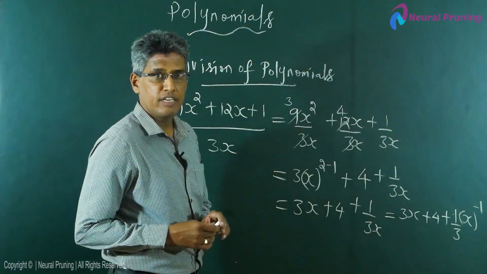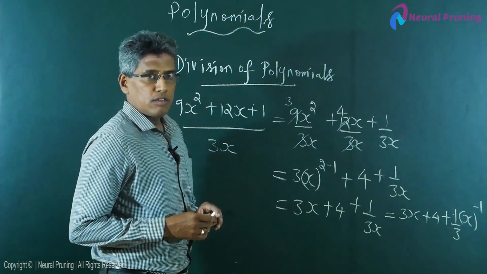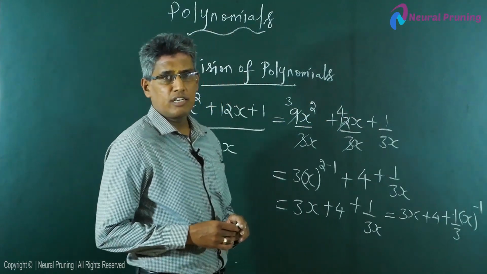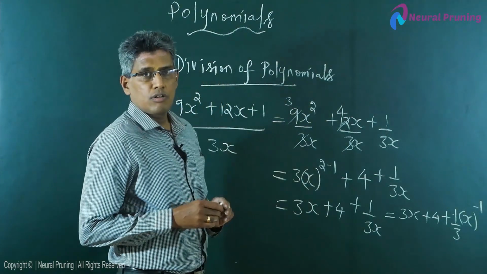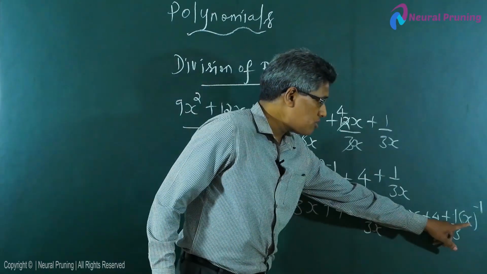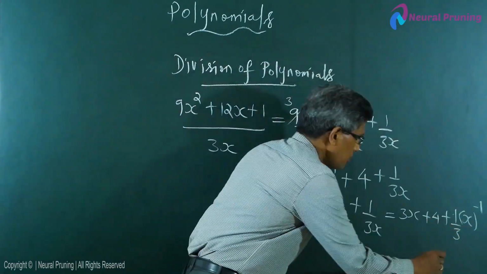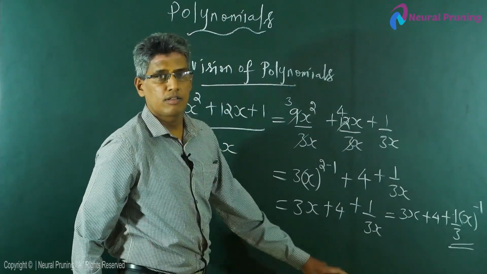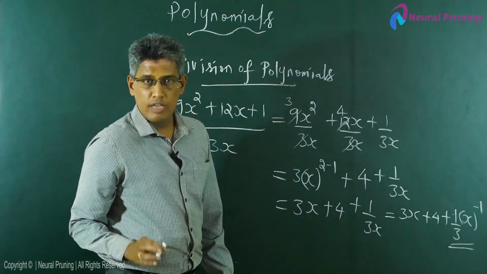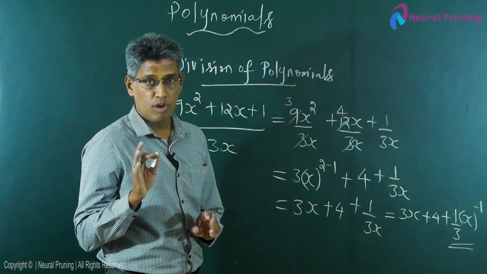As we have already discussed in the beginning, you cannot have negative exponents for the variables of a polynomial. For this reason, this particular term ensures that the resulting expression is not a polynomial.